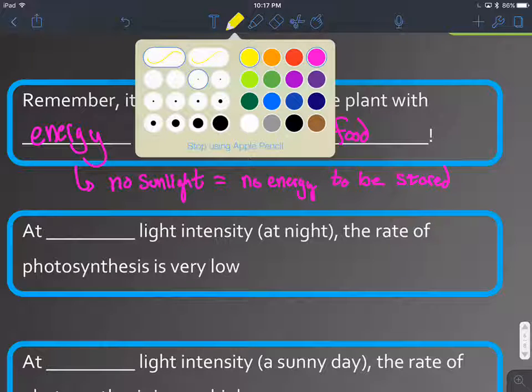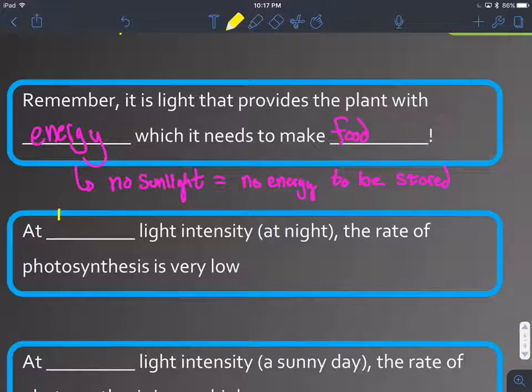And so, right, if we have low light intensity, and I want you to think of this at night when there's no sun, the rate of photosynthesis is very low.